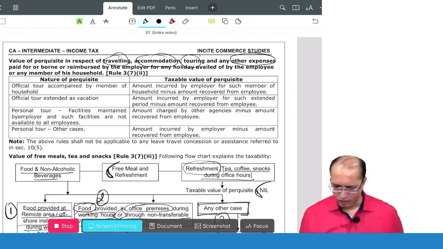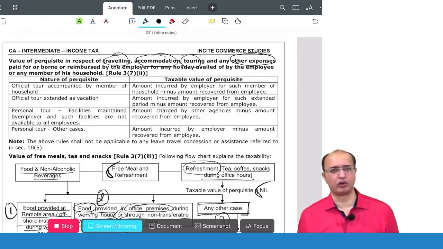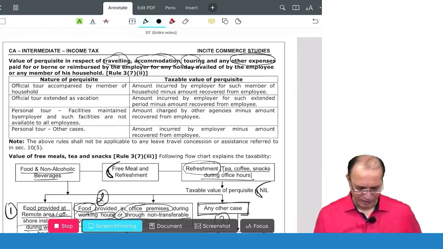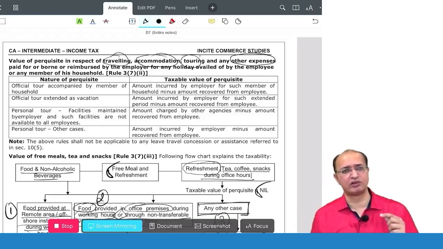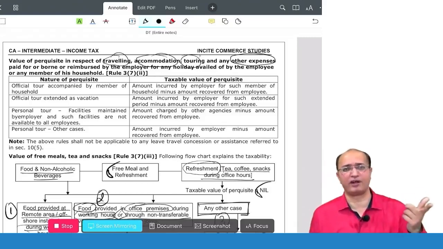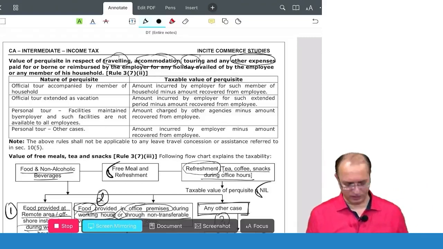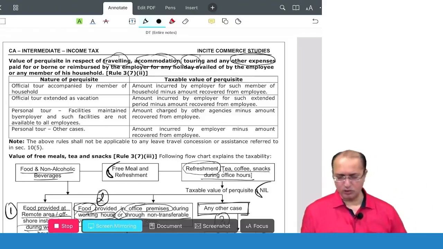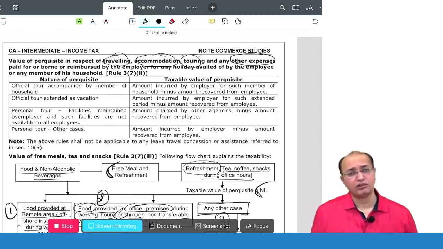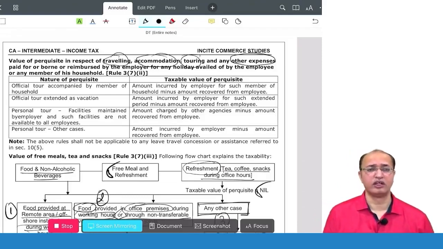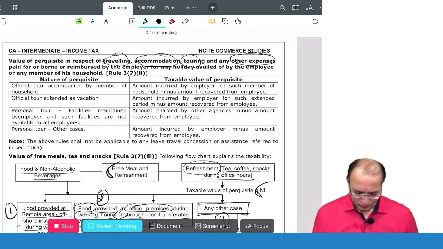See, for example, if you want to go somewhere with your family for a vacation, the first expenditure you would incur would be a traveling expenditure to go to that destination. Number 2, when you reach there, you will stay in a hotel, so you will incur the accommodation cost.